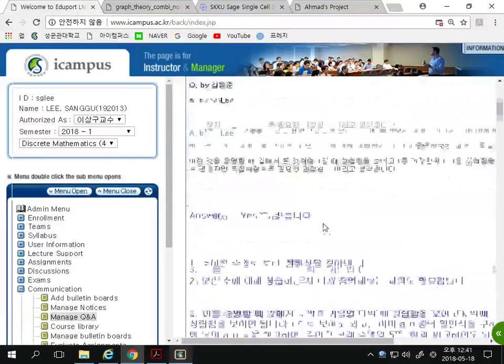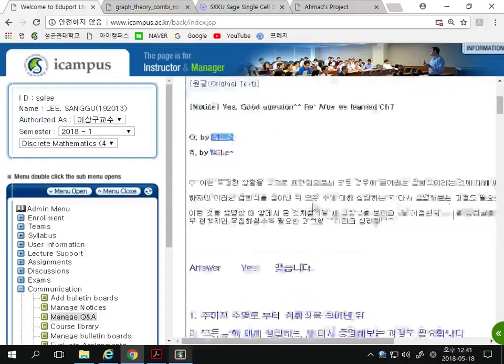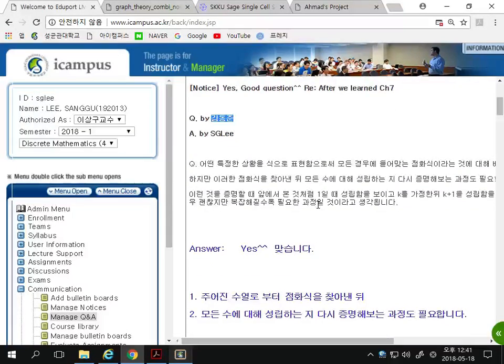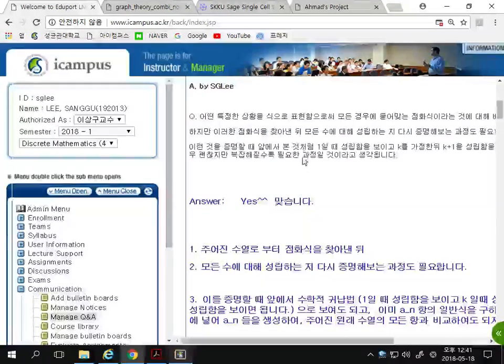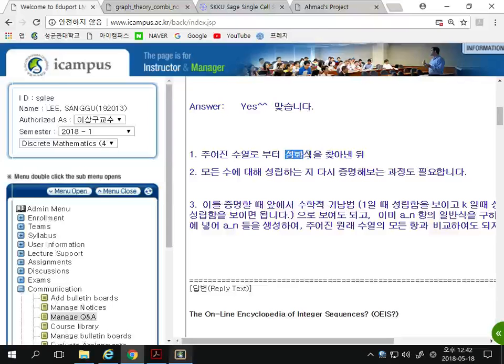Okay, here. Yeah, Mr. Kim Dong-jun, you made many interesting questions, and your comment was right. After you find the recurrence relation, we need to verify that the solution you found is the right one for the given recurrence relation.